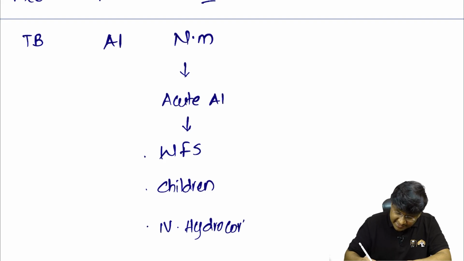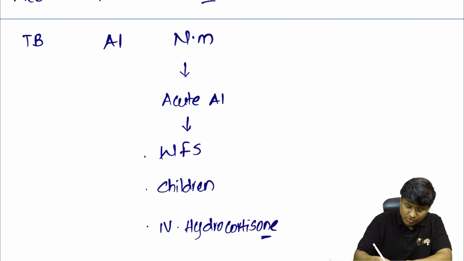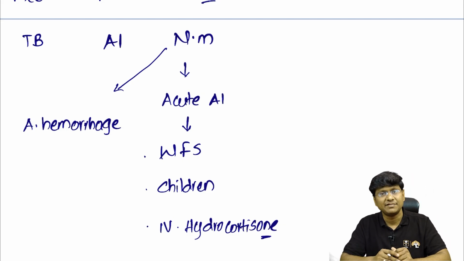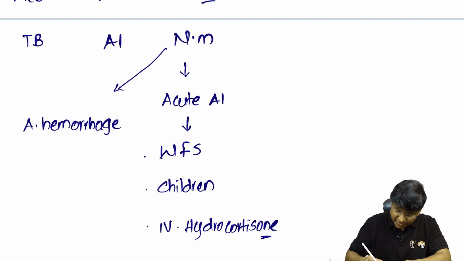Basically, Neisseria meningitidis will cause adrenal hemorrhage, because of which these patients will have abdominal pain, and the antibiotic that you need to give is intravenous ceftriaxone, right?